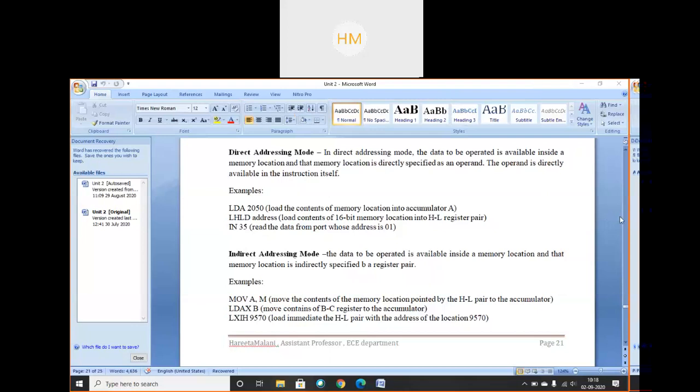We are finished with that. Examples we have seen. Next is your indirect addressing mode. What do you mean by indirect addressing mode?